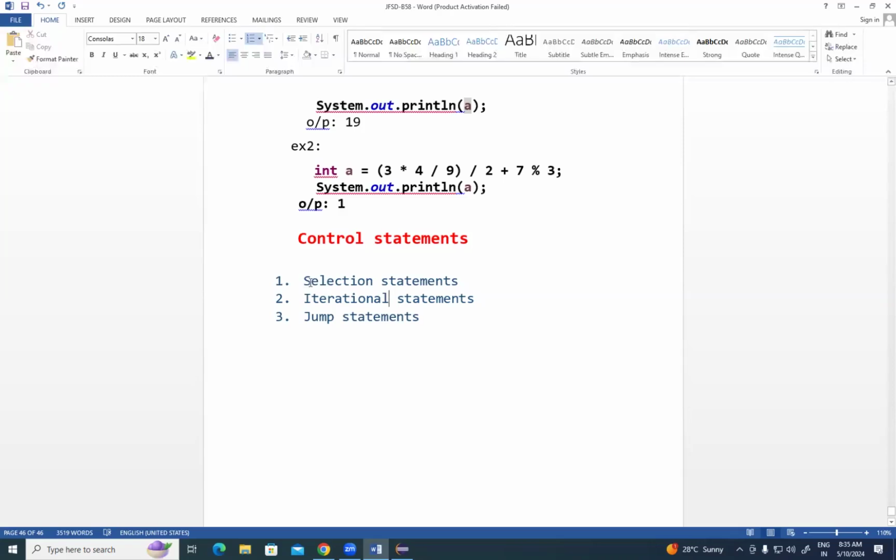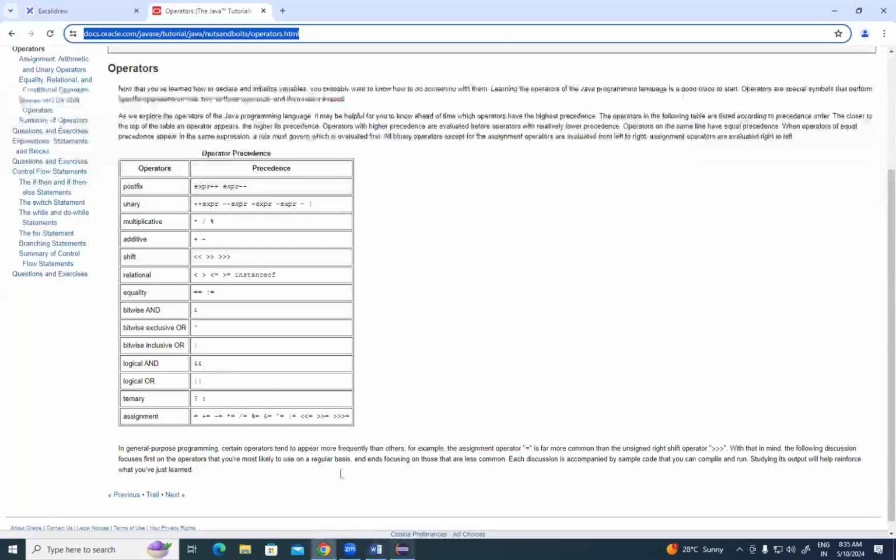Selection statements are again divided into 2 categories. One is the if statement and the second one is the switch statement. I want to give a table or a diagram so that you will understand all these things. Please try to understand.